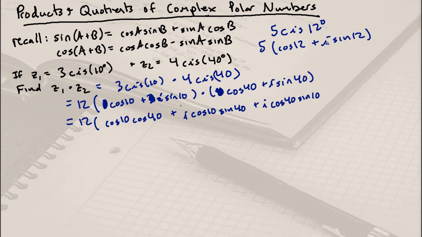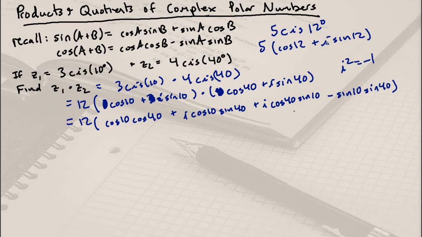You could write it in a different order, but that's fine. For the last one I get i times i, which is i squared, and we remember that i squared equals negative 1. So I'll have a minus here instead of a plus, and sine 10 and sine 40.